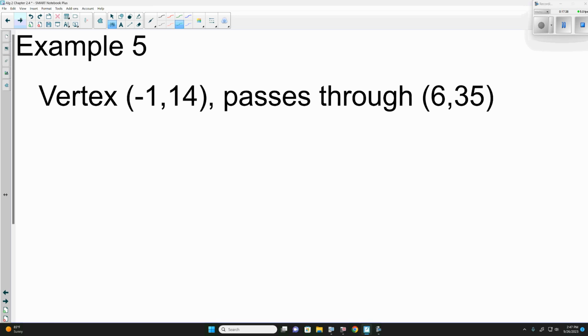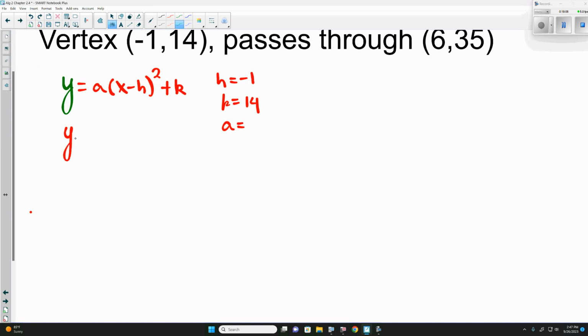So what are we told? The vertex is negative 1, 14 and it passes through the point 6, 35, yes? Which one do we use? So we need h, k, and a. So what are h and k? So we're saying y equals a times x minus negative 1 squared plus 14.